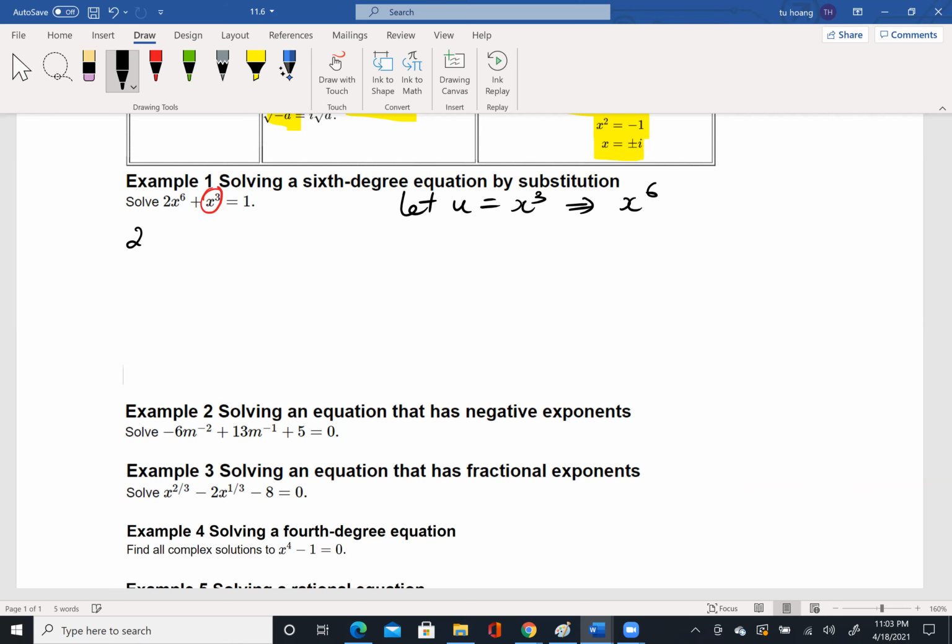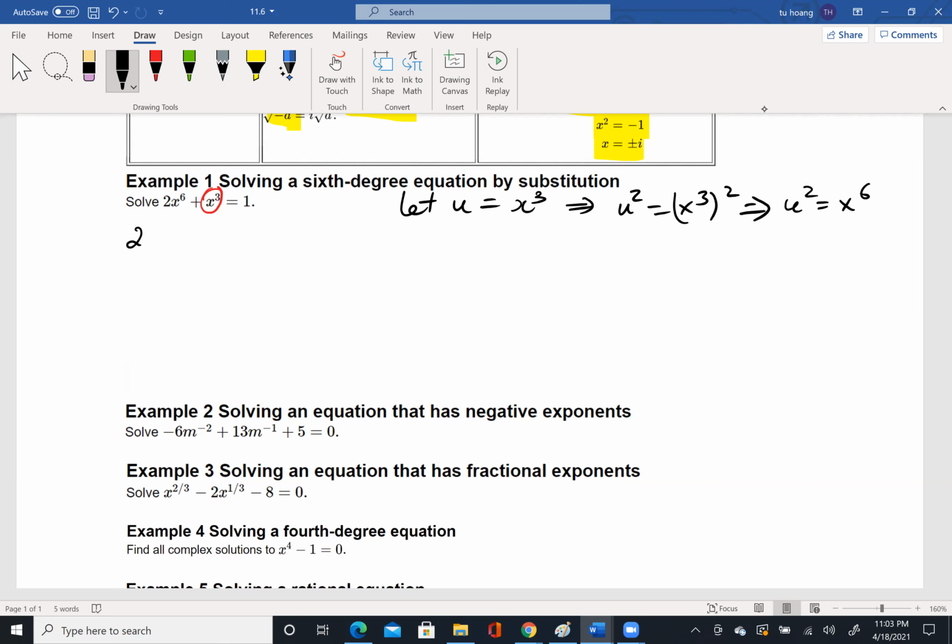If you square both sides, you have u squared equals x cubed squared, and that gives me u squared equals x^6.